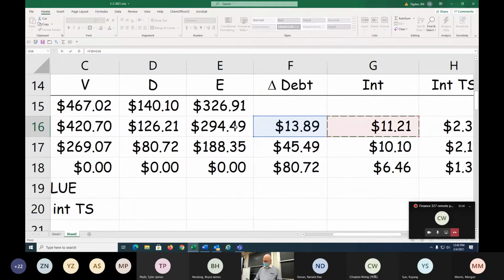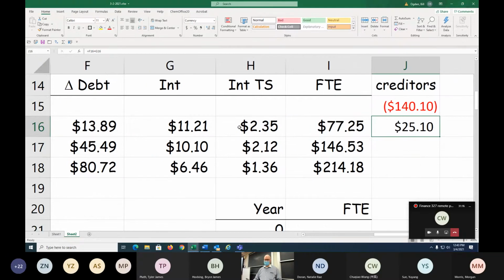Correct? Okay, so altogether, the creditor received the debt repaid and the interest. Okay, and let's copy that down.